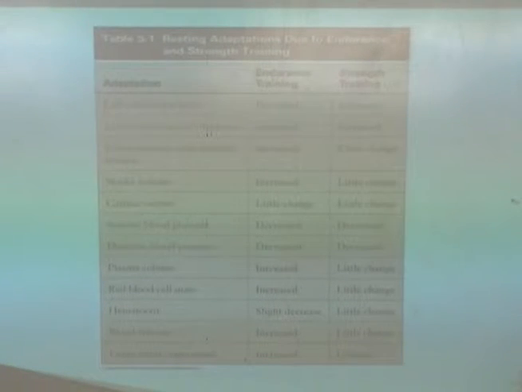So chronically, we looked at the acute, the chronic effect is that we see increased cardiac output during an aerobic workout.